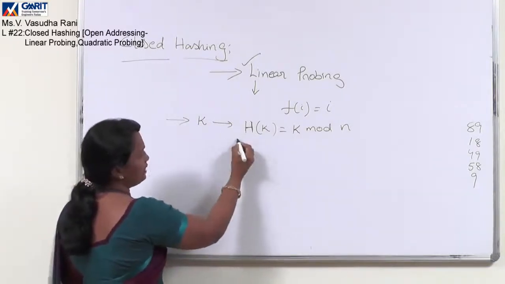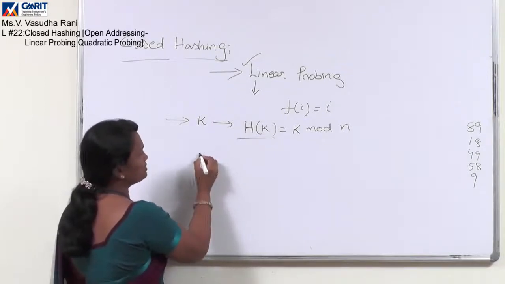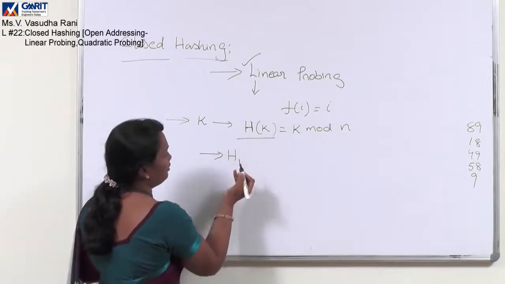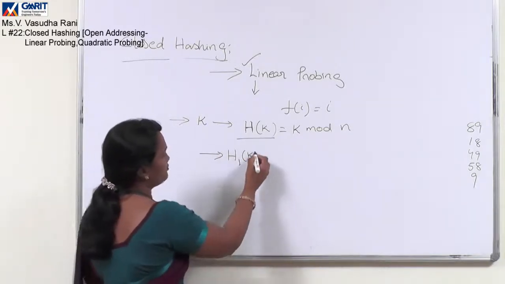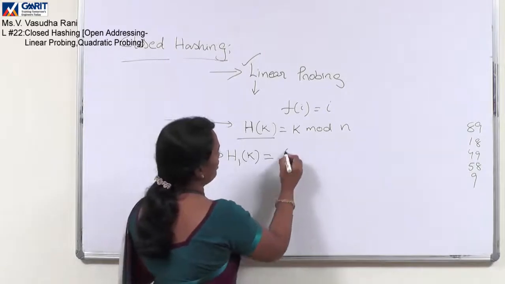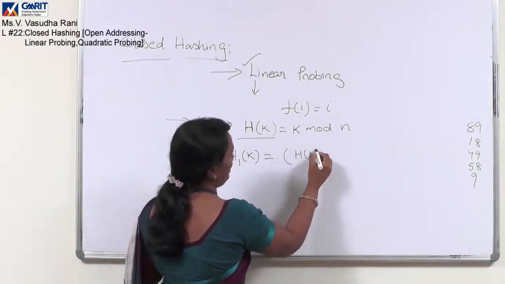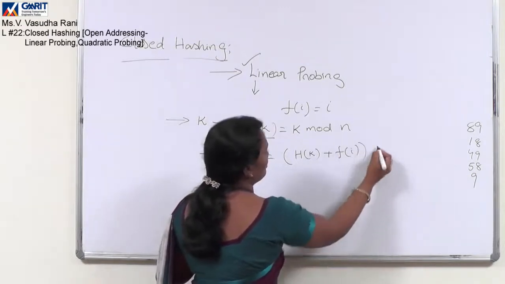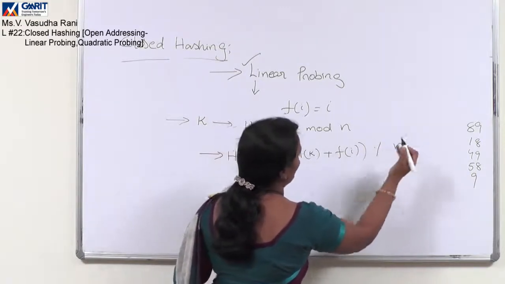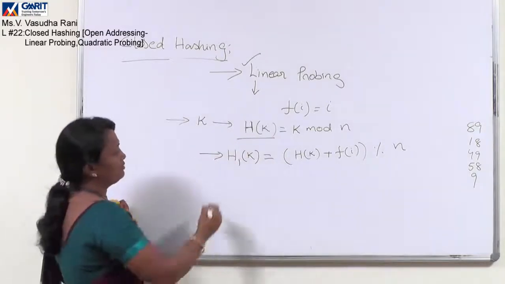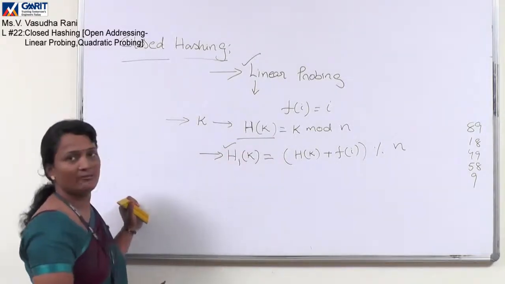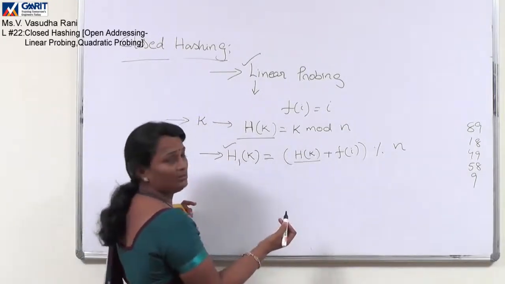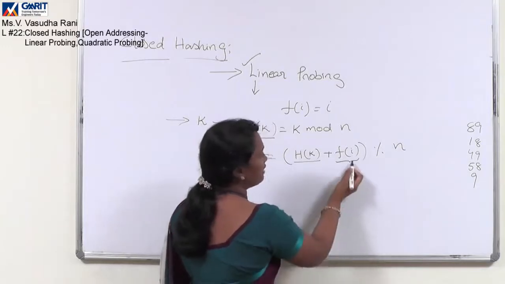Using this regular hash function, if any collision occurs, we have to modify it. Our new hash function will be h1 of k equal to h of k plus f of I, mod n. In this you can observe this is our regular hash function and this is the linear function we are adding.